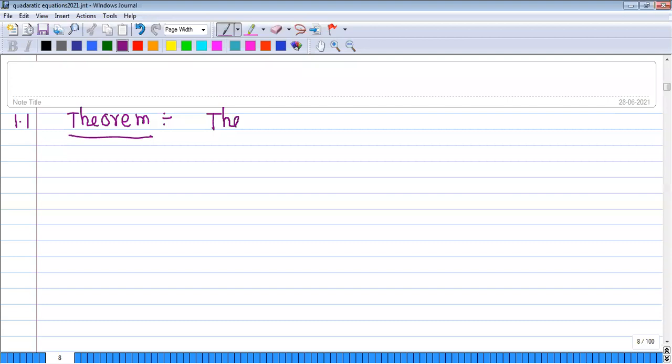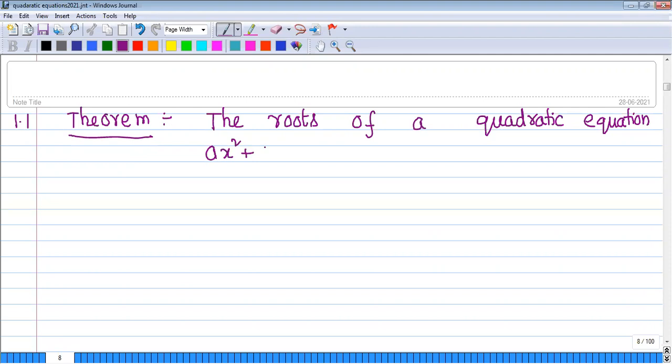The roots of a quadratic equation ax square plus bx plus c equals to 0, a does not equal to 0, are minus b plus or minus root over b square minus 4ac upon 2a.